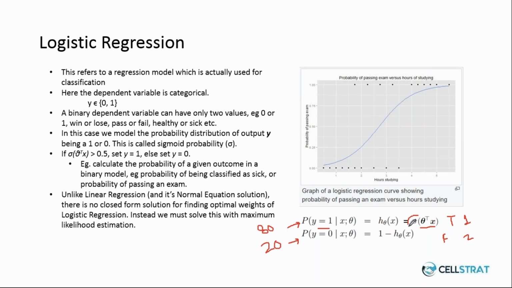If this probability is less than 0.5, we set the output as 0. Ultimately, we want to find the output as 1 or 0, right? So if the probability is 0.5 or more, we set y as 1. If the probability is less than 0.5, that means it's a no result, and we set the output as 0. All right.